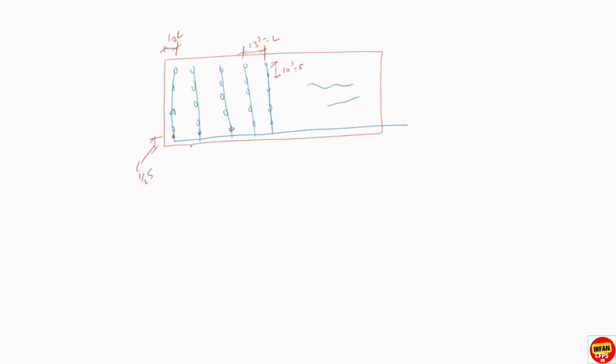The distance from the wall we considered as half of S, half of L. This is from the previous scenario. Based on that, we got the design area 1560 square feet, which is greater than or equal to the minimum design requirement.